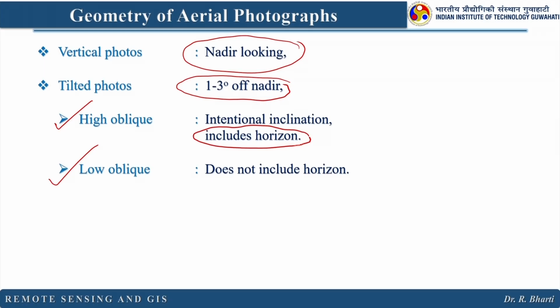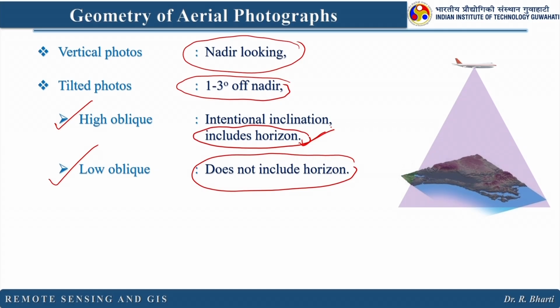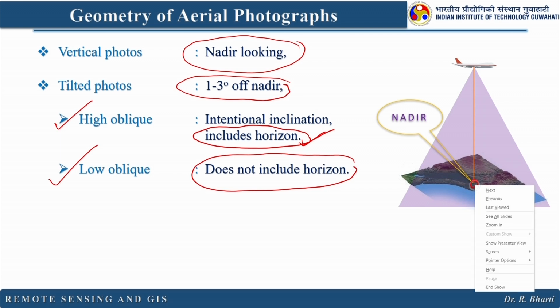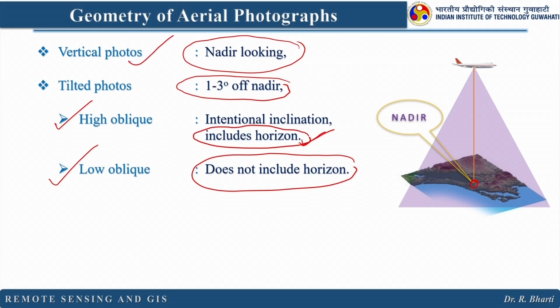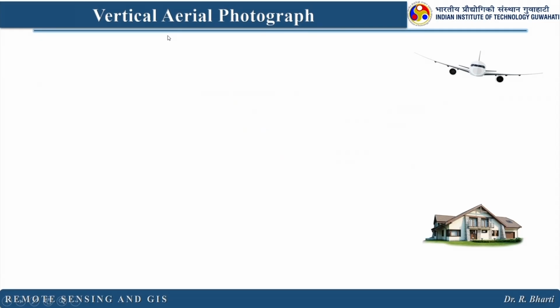In low oblique photograph horizons are not included, whereas in high oblique horizons are included. So you can see here this is basically the vertical photograph, but how do we say this is a vertical photograph? Because we have checked the nadir position. If you see the nadir lies on the center of this photograph, then only this will qualify as a vertical photograph, right.